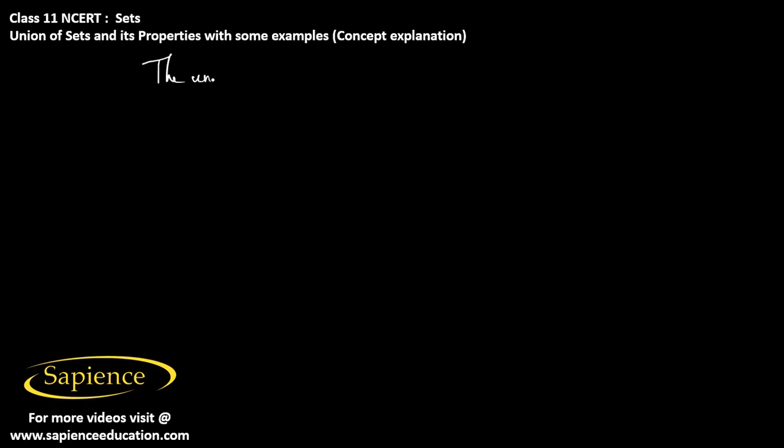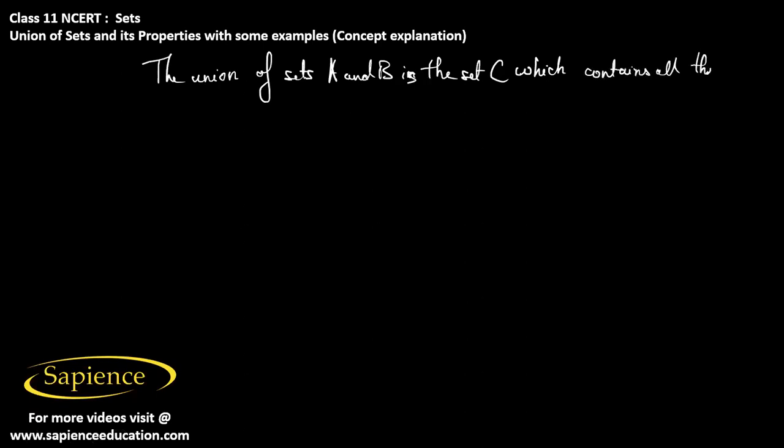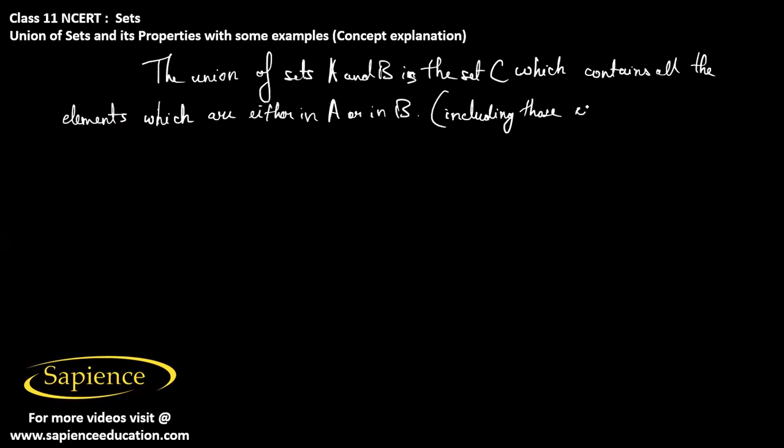The union of sets A and B is the set C which contains all the elements which are either in the set A or in the set B, including those elements which are in both the sets, which are in both A and B.